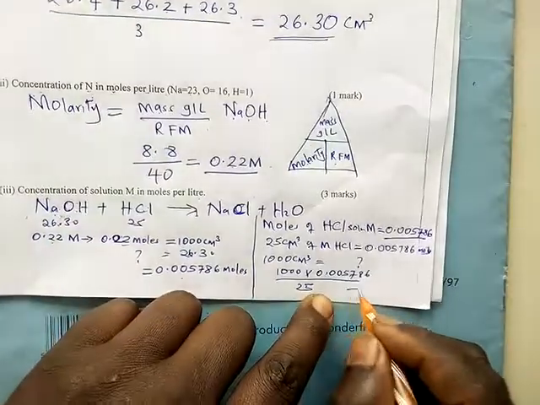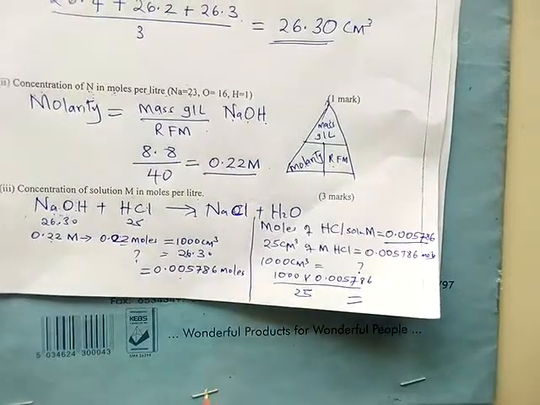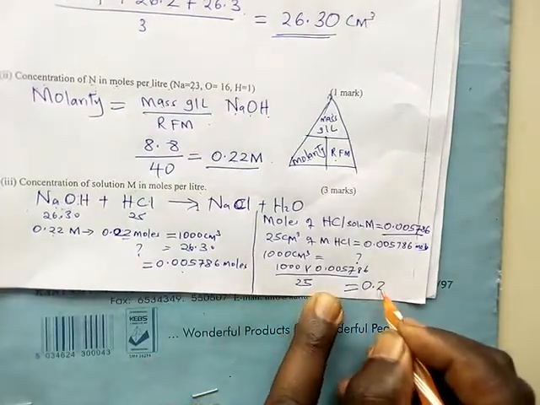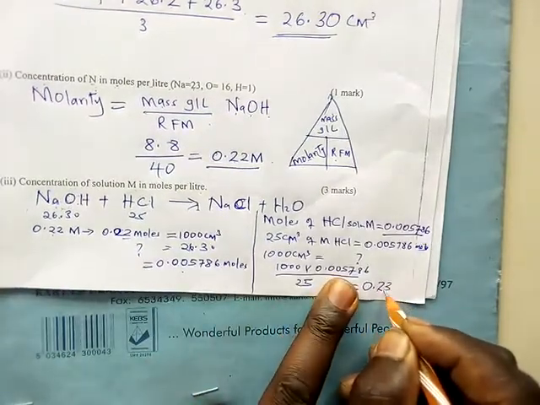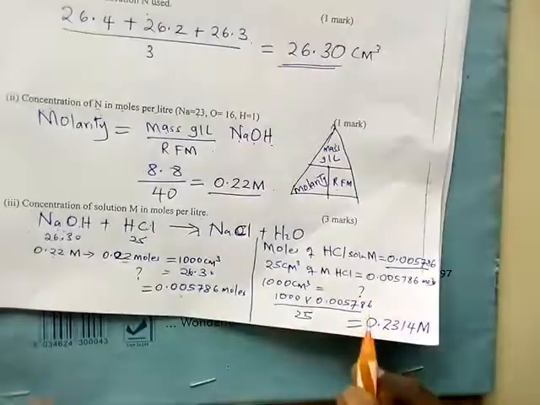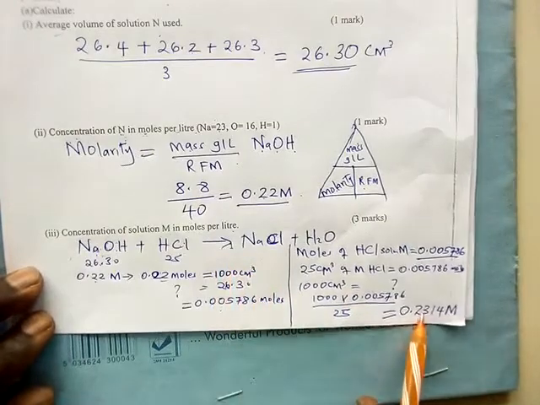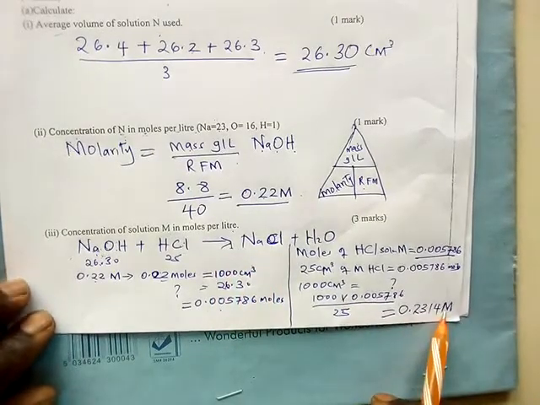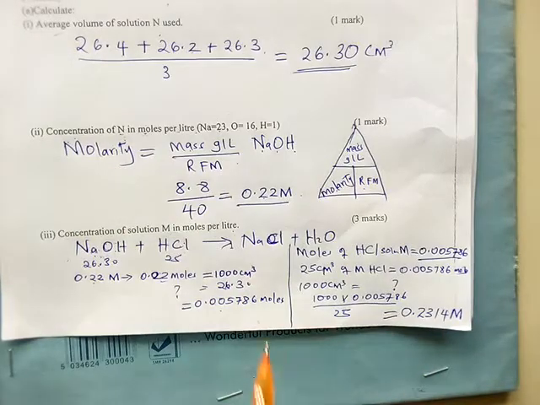This one is going to give you 0.2314 capital M. So the molarity of HCl is 0.2314 moles. Yes. Thank you.